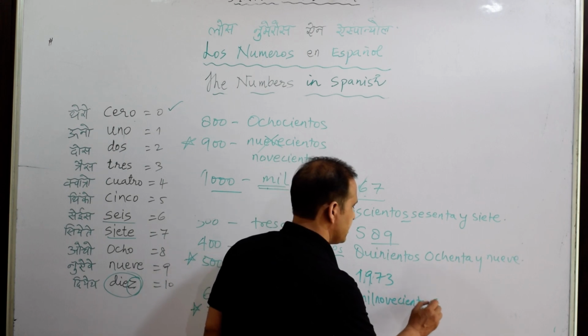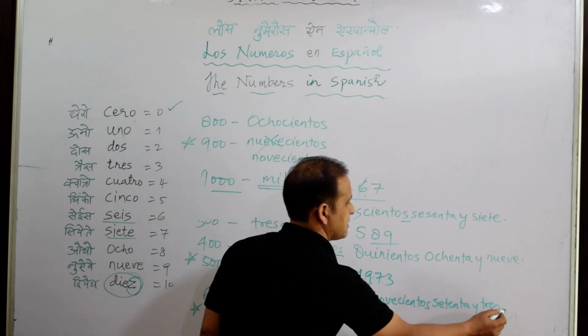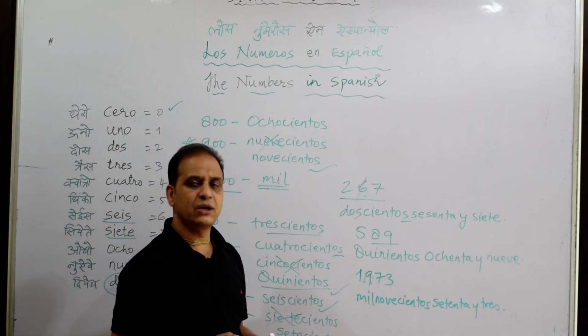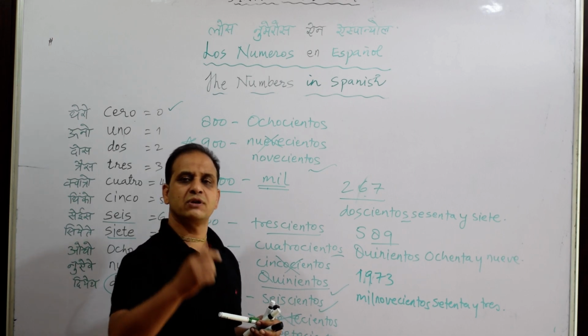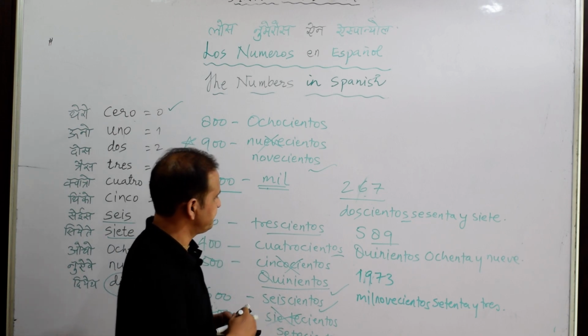And then 73, setenta y tres. Este es mi año de nacimiento. This is my birth year. ¿Cuál es tu año de nacimiento? What is your birth year? That you can tell me.